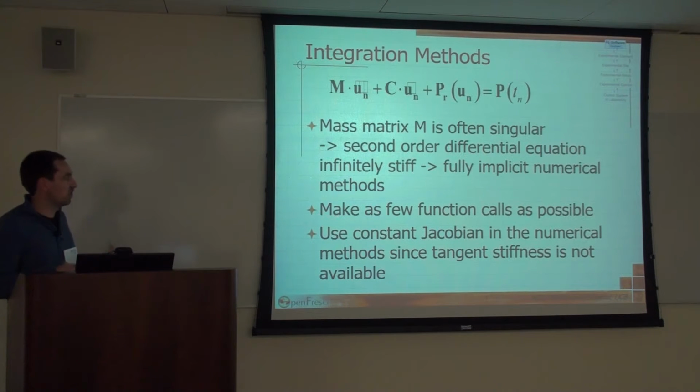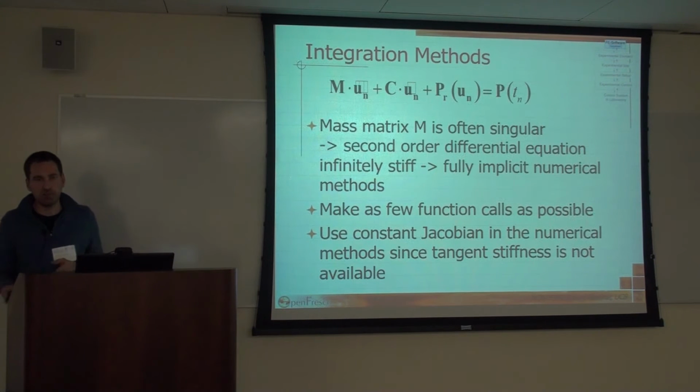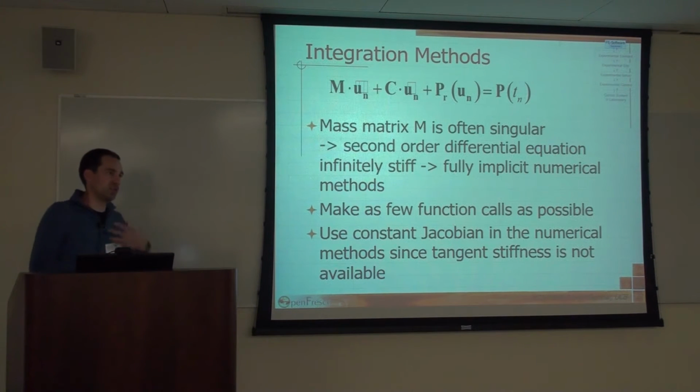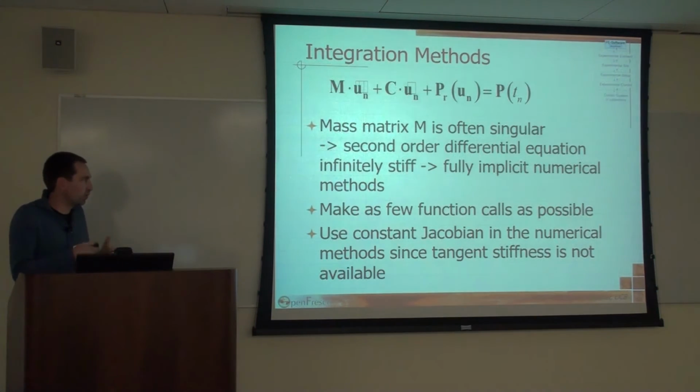Another important thing with integration methods is that we make as few function calls as possible. By function call, I mean we're sending out displacements and we want to get back resisting forces. The fewer we make, the fewer communications we have to the laboratory, and that means we can go quicker and have fewer problems.